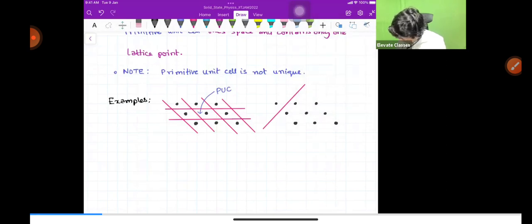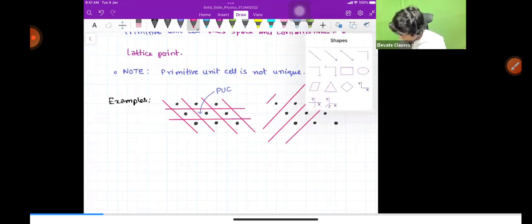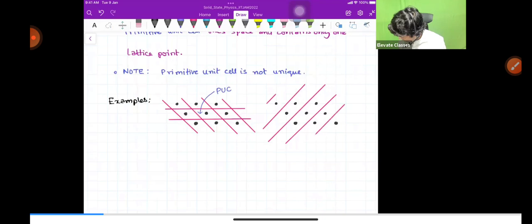It need not be, because in some structures there will be some other lines which won't be parallel. Now the other lines could be like this.